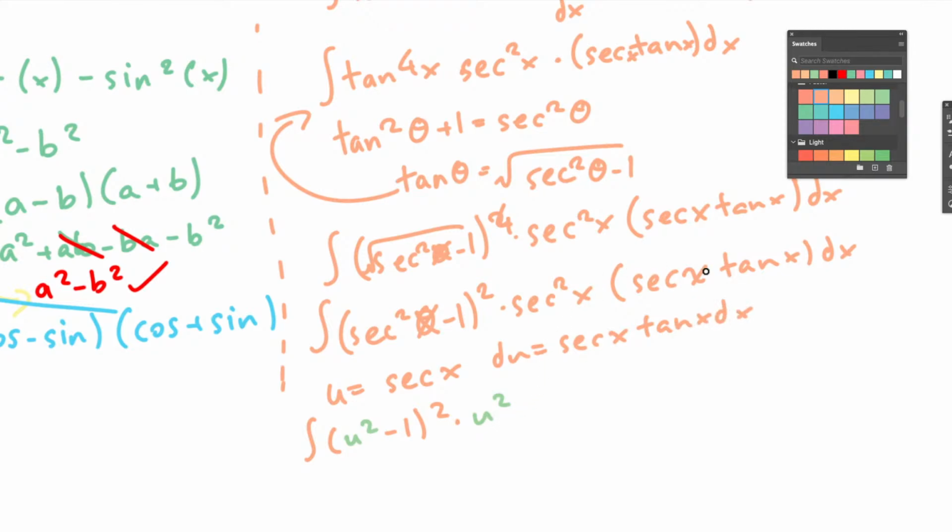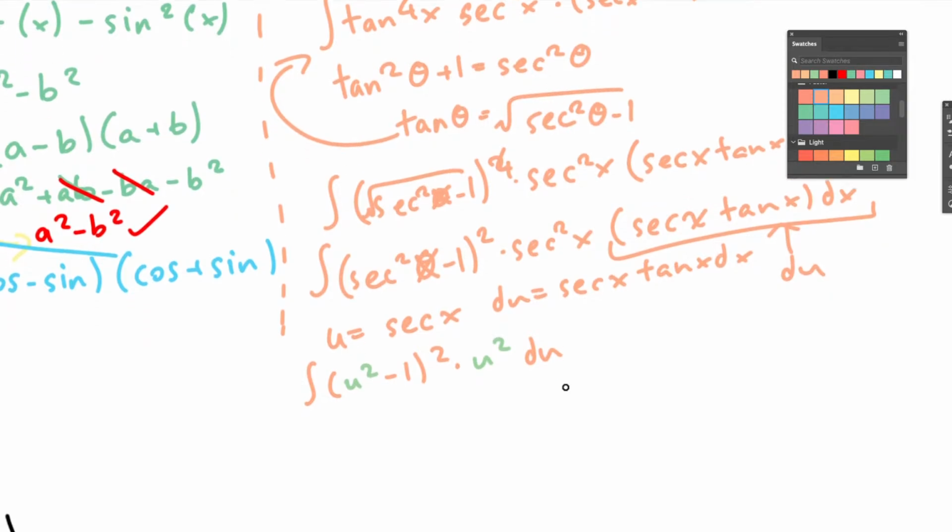So then we just replace this. This becomes du. So then that's du. Now you can do the fun magic. And since I'm lazy, I'm just gonna expand this out.